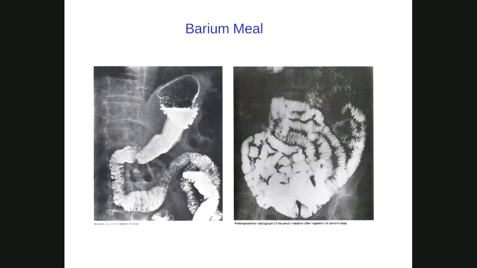So in the upper GI tract, if this visualization is done, it is called barium meal. It is a barium contrast study to visualize the upper gastrointestinal tract. We cannot use it to visualize the pancreas or the liver, only the hollow organs, because this dye will move with the food and it will attach to the walls and stain the walls. So while the X-ray is being taken, it's going to show the outer part of the walls of the gastrointestinal system.